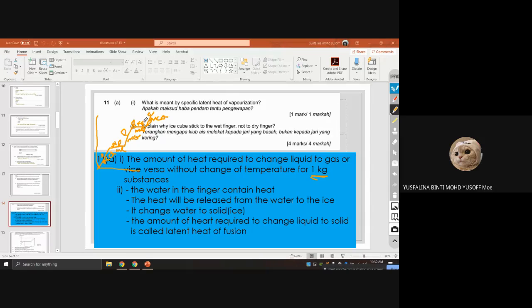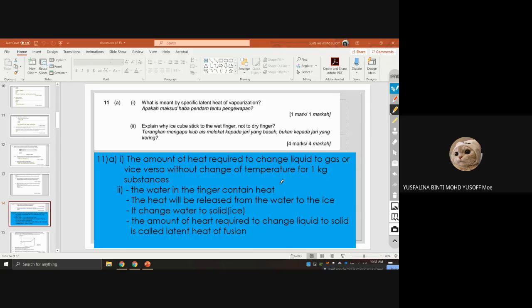Alright, for number 2, explain why ice cubes stick to a wet finger, not to a dry finger. The first one is the water on the finger, which contains heat.